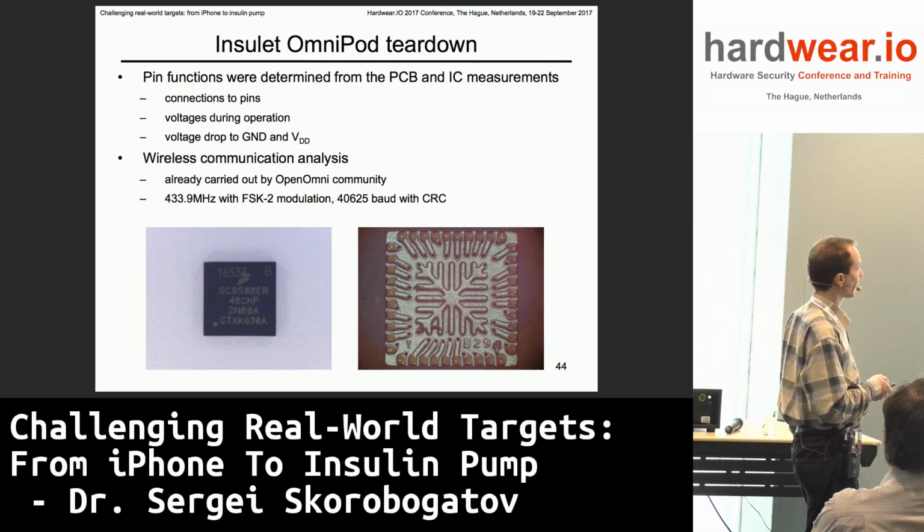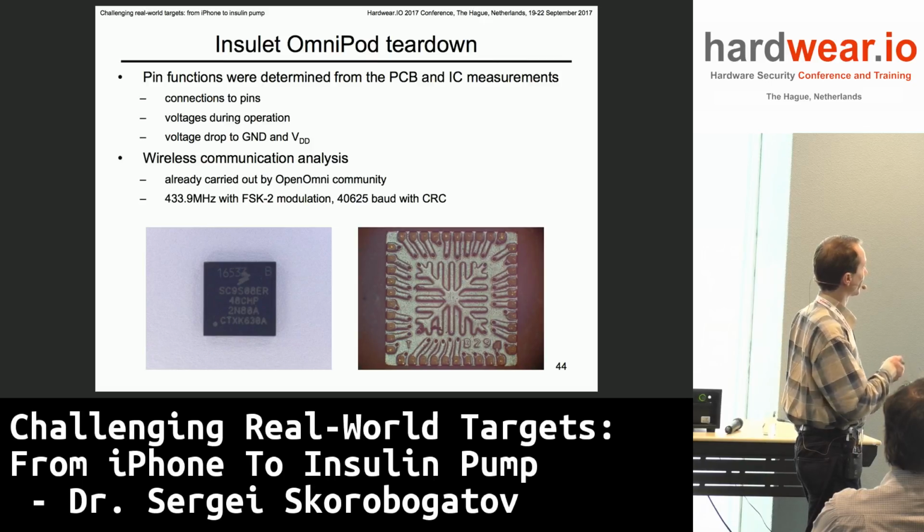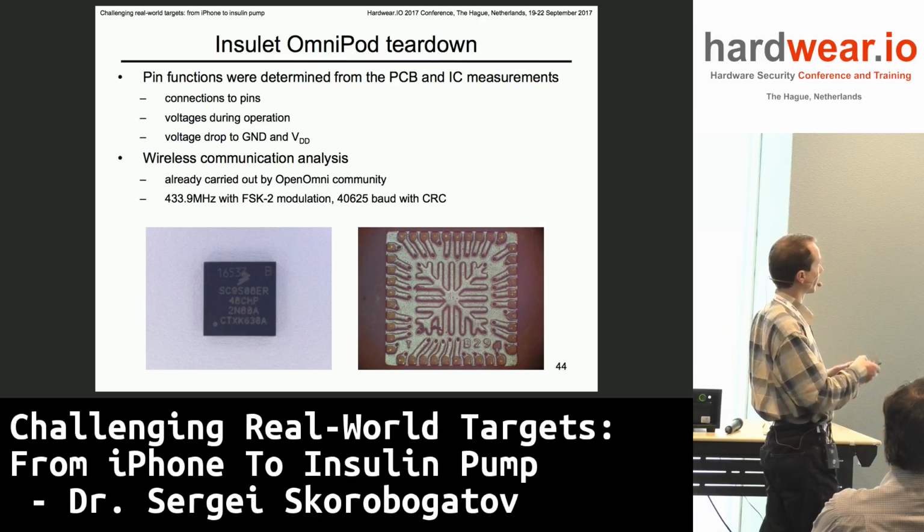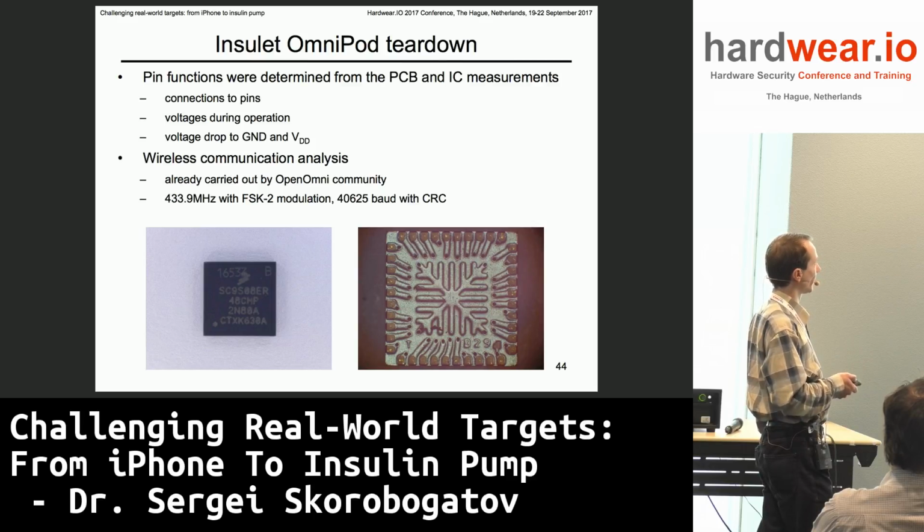The next step was to identify the IC they use. The marking did not show anything standard, so it looked like an 8-bit Freescale microcontroller, but without any readily available documentation.